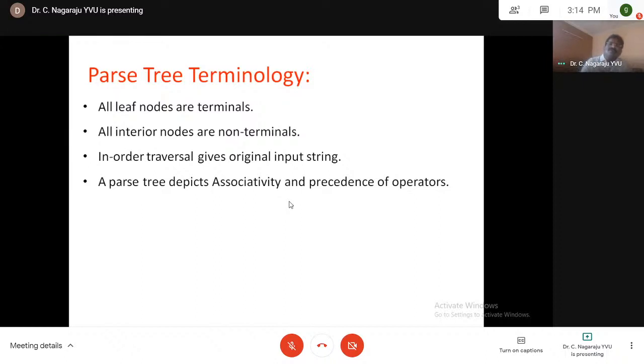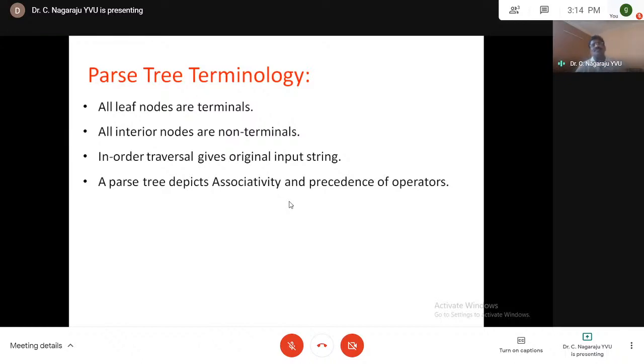Among arithmetic operations, multiplication, division and modulo have the same precedence, and addition and subtraction have the same precedence. Within an expression, when you find plus and star, the star is executed first, and then the addition operation is performed.